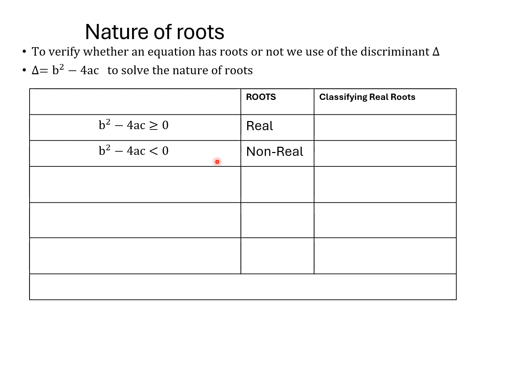Now if b squared minus 4ac gives an answer that's a perfect square, meaning 1, 4, 9, 16, 25, 100, etc., excluding 0, the roots are real, rational and unequal, meaning the two answers we get will not be equal.